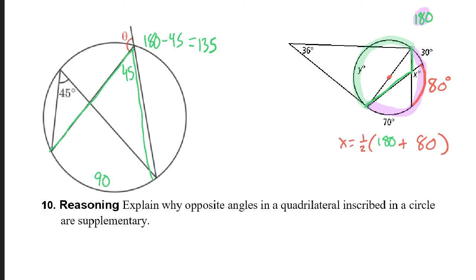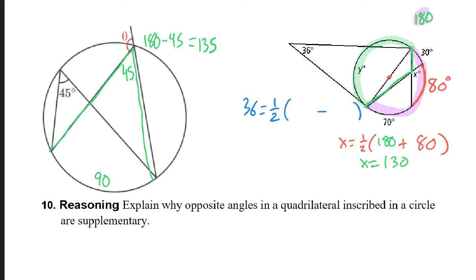So this is 180 plus 80. So what's halfway between 180 and 80 would be what, 135? No, 130. Okay, so am I writing the right color? So x is 130.